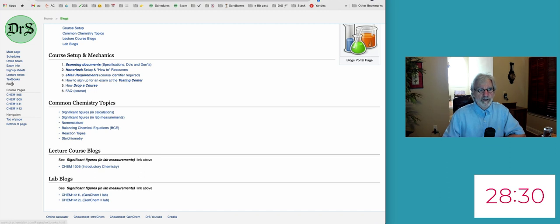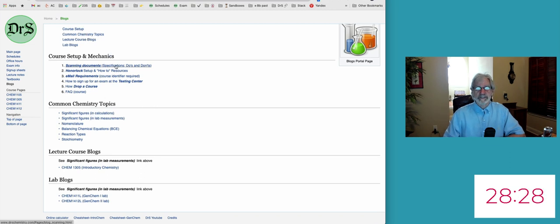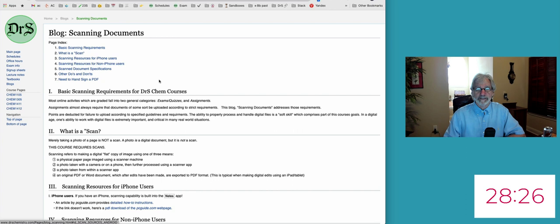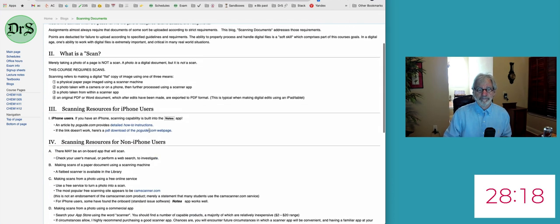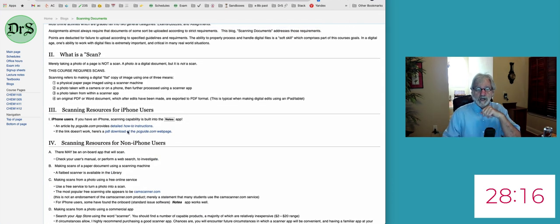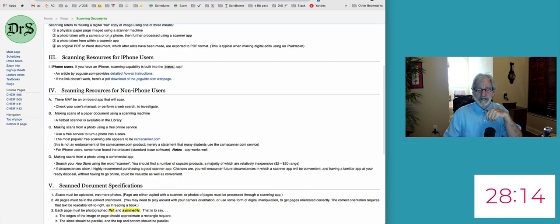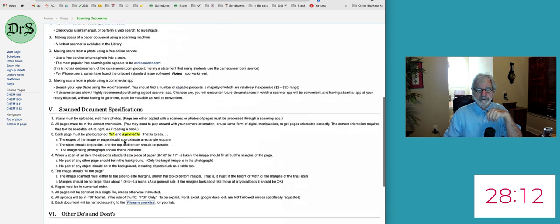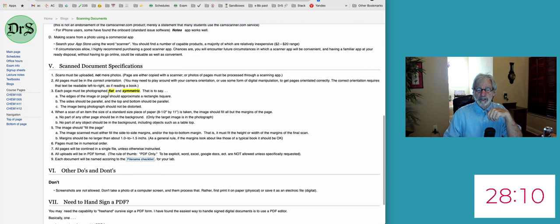And so if you go to the blogs page, you will see something called scanning documents. Yes, and it's right there. You have to have the capabilities to scan material into PDF formats and then to upload that as single documents. And I have a lot of resources here. There are specifications about what the scan has to look like.